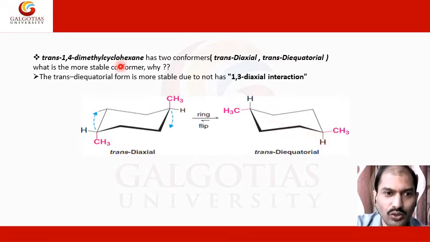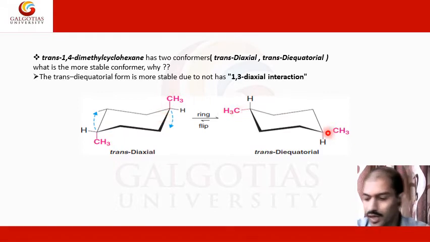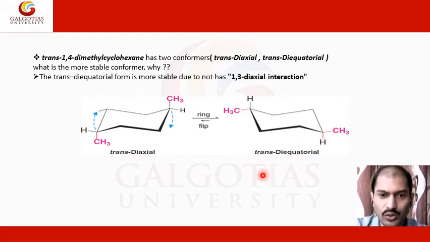So trans 1,4 cyclohexane has two conformers, trans diaxial and trans diequatorial. So trans 1,4 has two conformers, if you put both axial or both equatorial. According to that, we can also put them in a different form.